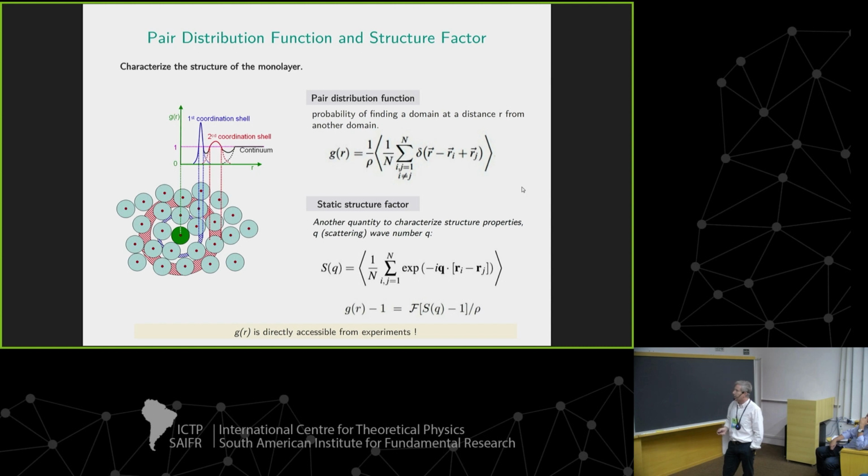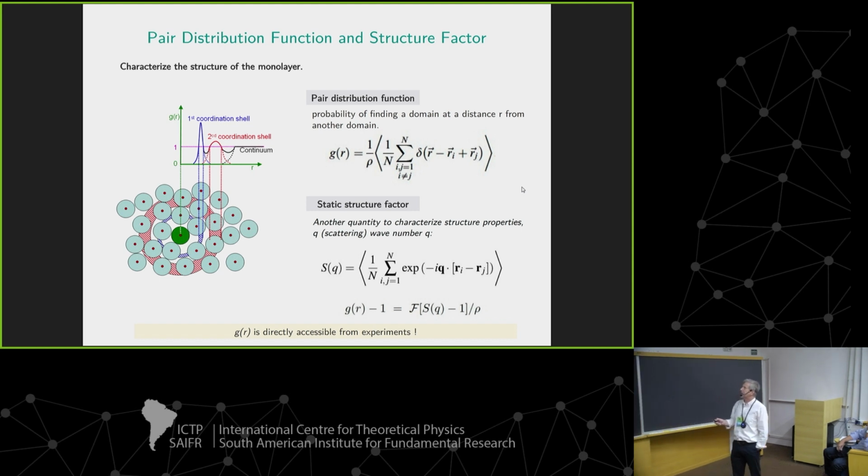Since we have also done some experiments in collaboration with the chemistry faculty in Córdoba, and our collaborators were Bilke and Rafael Fiore. They did experiments, and what they measure is the pair distribution function. I hope you know it. This tells you the probability of finding a domain at a certain distance r from another domain.